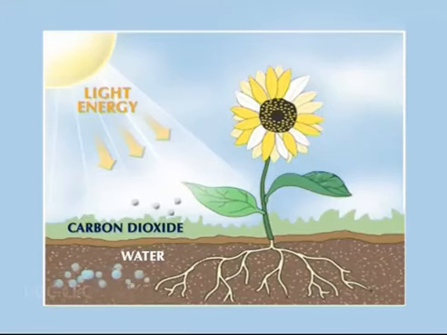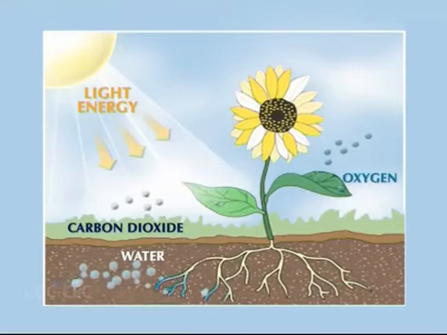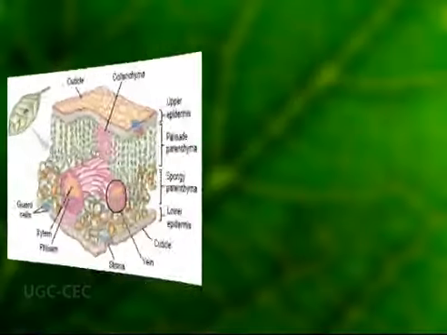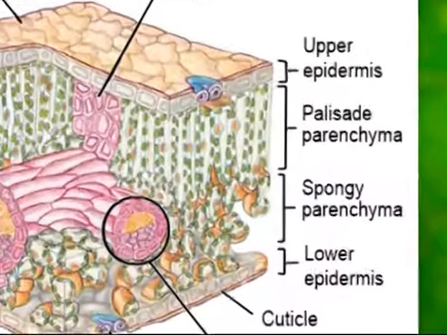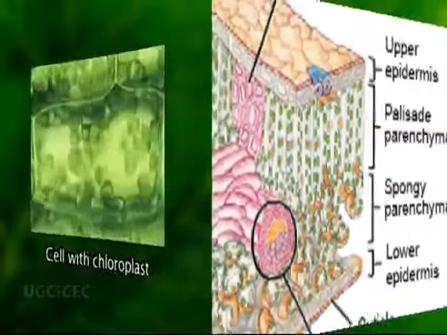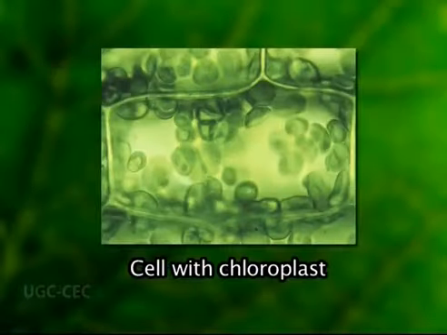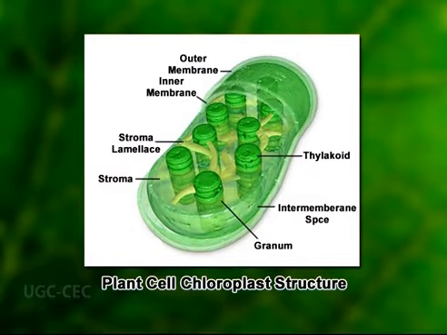The oxygen that is a waste product of photosynthesis must be allowed to escape from the leaf. Mesophyll cells are specialized for photosynthesis. These cells in the middle of the leaf contain many chloroplasts, the organelles that perform photosynthesis.